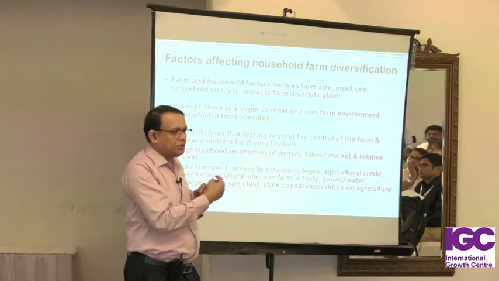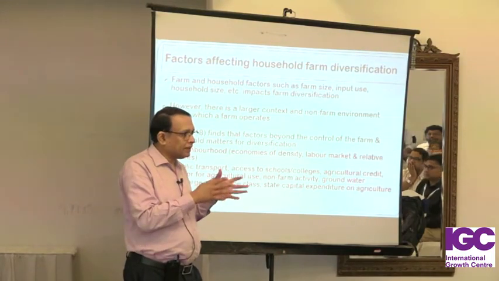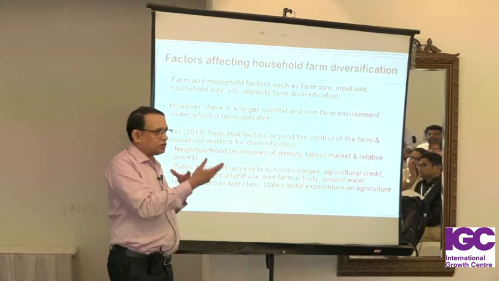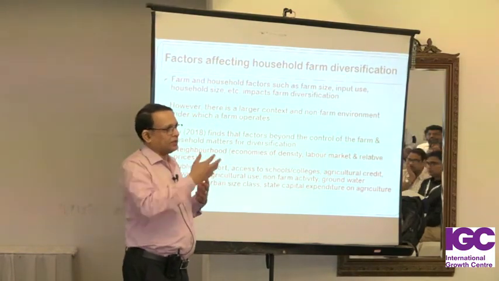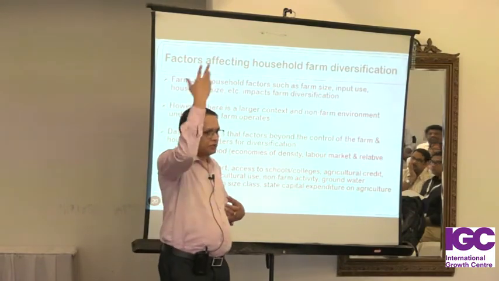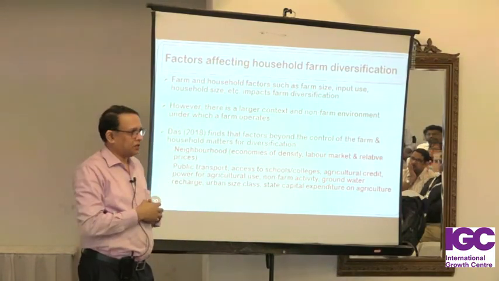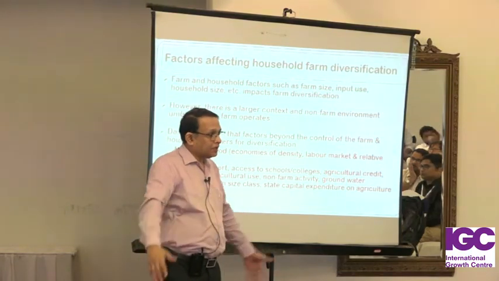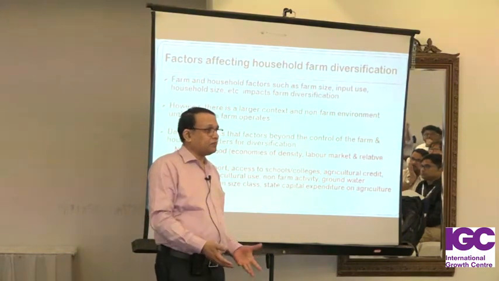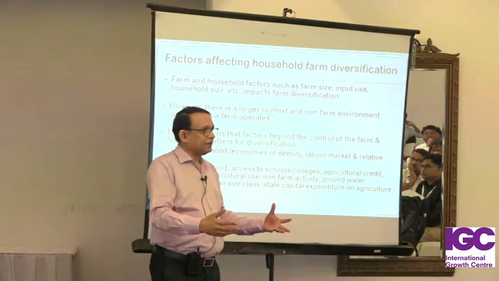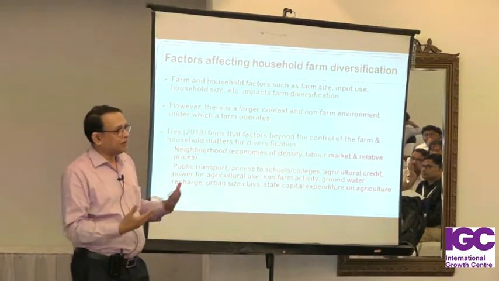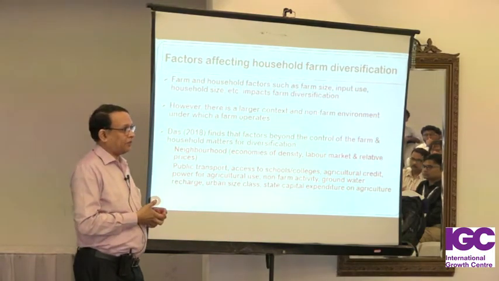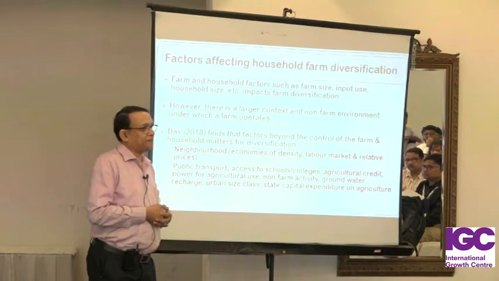If only one person is doing it, the entire risk is on that person. There is no scope for learning and so on, and he is dependent on some external sources for information on what to do, how to do, etc. Whereas if in the village many are doing that, then they are likely to benefit from neighborhood effects. So that is the economies of density.